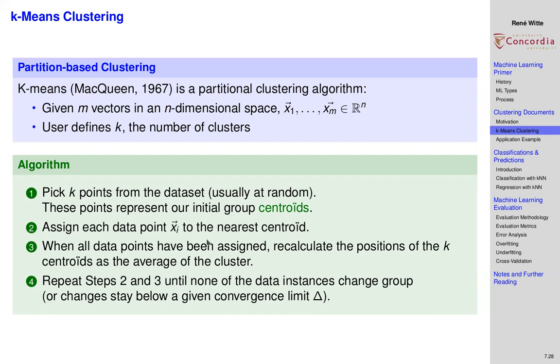You do this for all the points, and when you're done with it, then you recalculate the centroid as the average of the cluster. And this you do a couple of times, and you stop when between two iterations nothing changes, or if the change is so small that it stays below a certain limit, and then you stop recalculating the clusters.